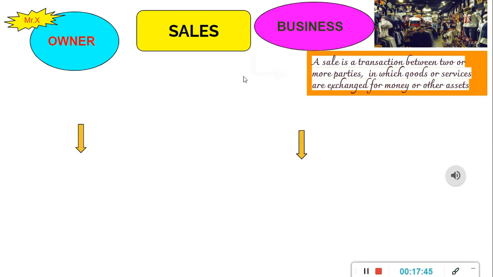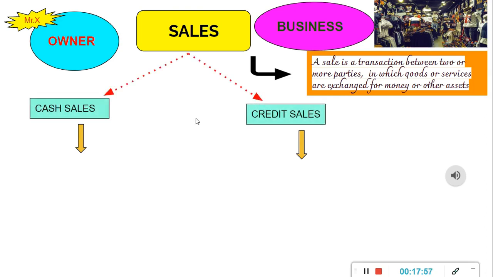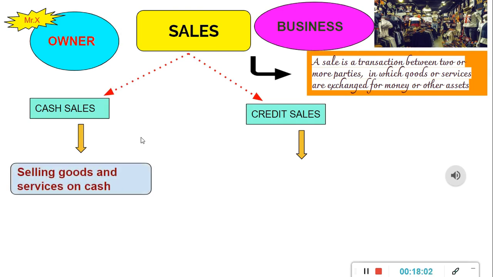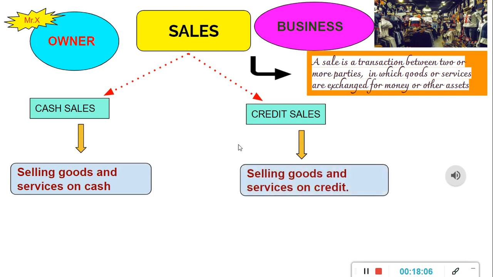In the same way that purchases are divided into two, cash purchases and credit purchases, sales are also divided into two: cash sales and credit sales. What is a cash sale? Selling goods on cash is called cash sales. In the same way, selling goods on credit is called credit sales.